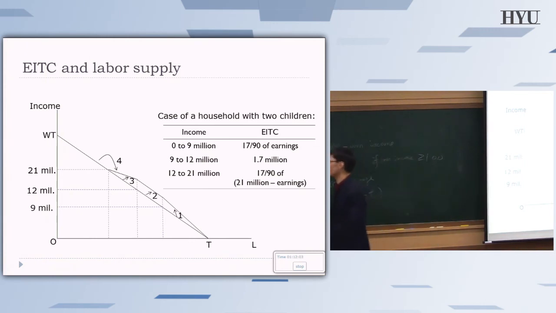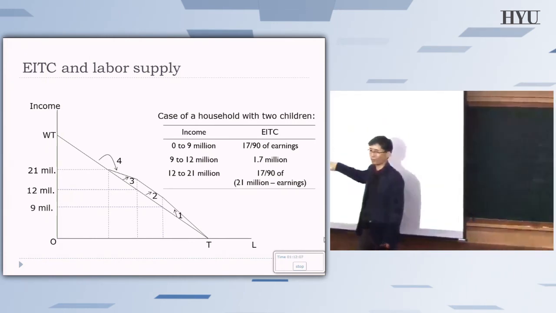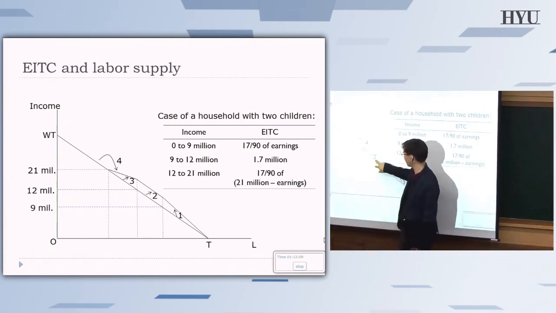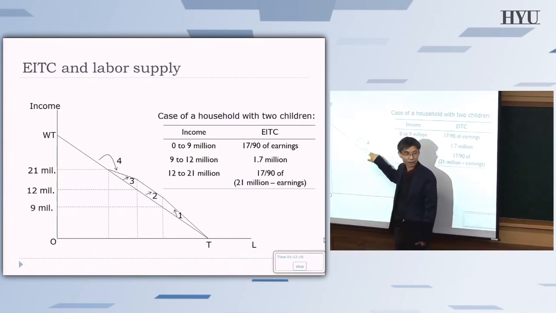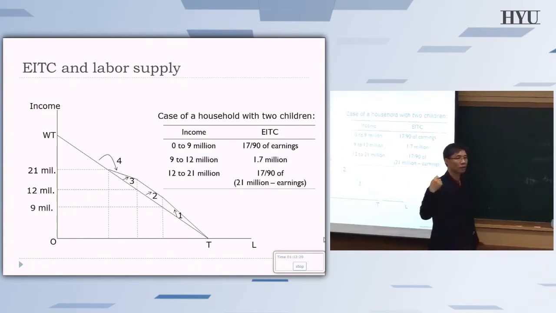This number 3, this part is just like welfare. You are given money, but it decreases as your income increases. So this is like welfare. So welfare makes you work less.